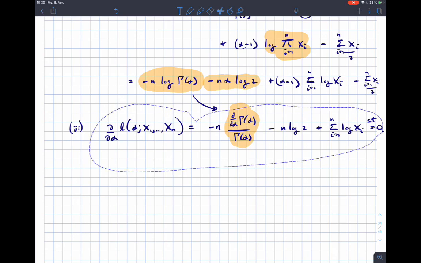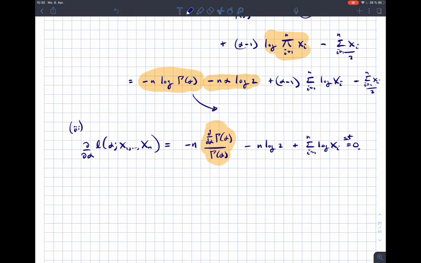Let's look at this part. Let's call the first derivative of the gamma function gamma prime alpha. Then this whole thing actually has a name. Let's denote this function by psi.